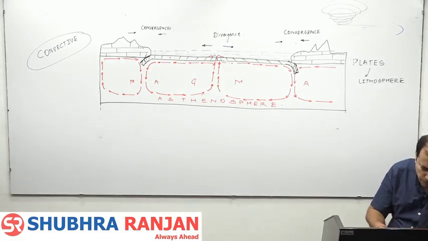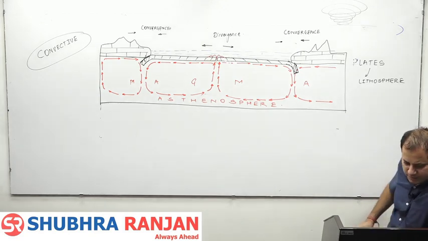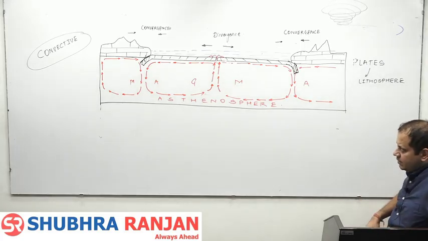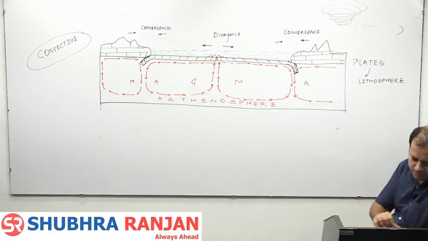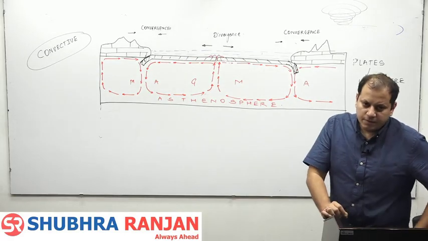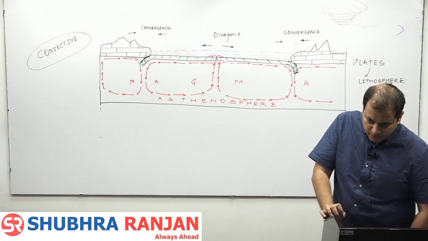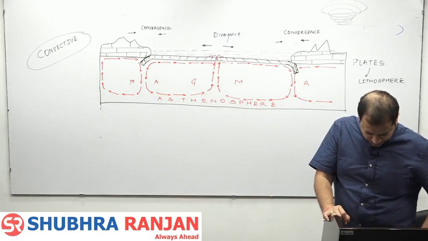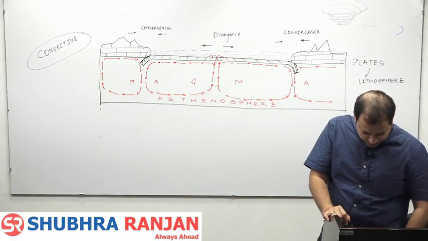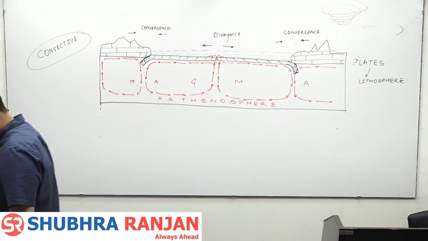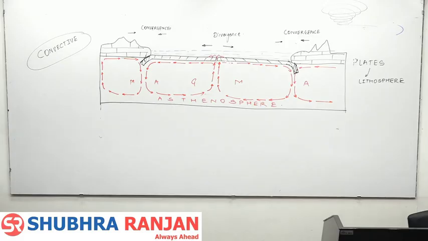Next point. Wherever the convectional currents converge, convergent boundary forms, causing formation of mountains due to folding of crustal blocks.